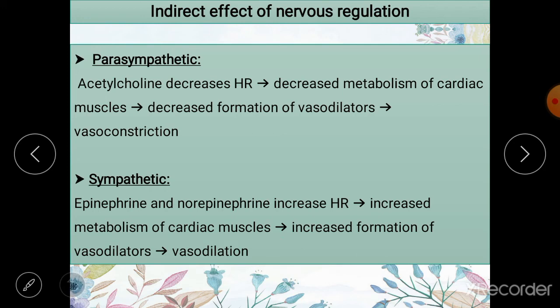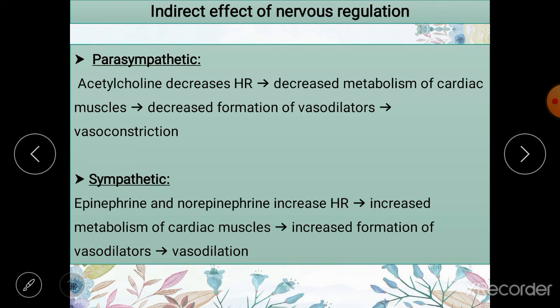Your oxygen demand will increase as your oxygen concentration decreases, and there will be increased formation of vasodilators. These vasodilators are going to cause vasodilation of your coronary blood vessels, so the demands can be met for the high metabolism of the heart or cardiac muscles. So this is the indirect effect.